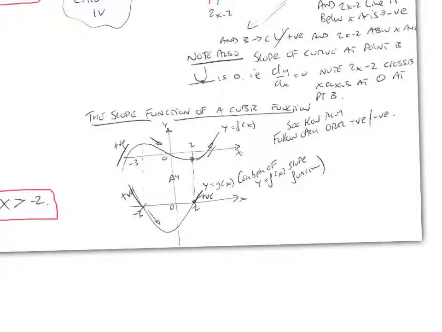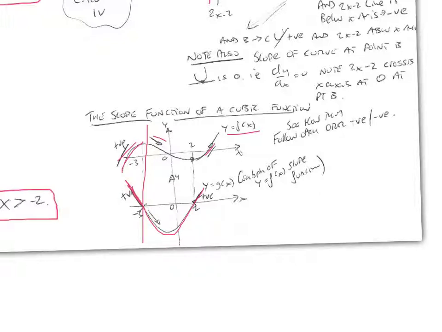And similarly, if we had a cubic function, it's positive, increasing there, positive, negative, and if we were to differentiate y, we'd get a quadratic curve, a parabola, and again, from here to here is positive, and it's positive there.